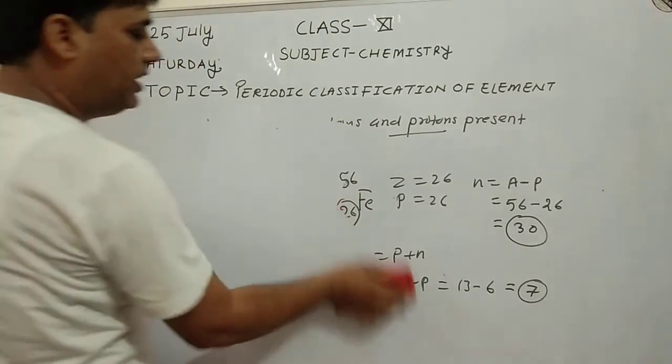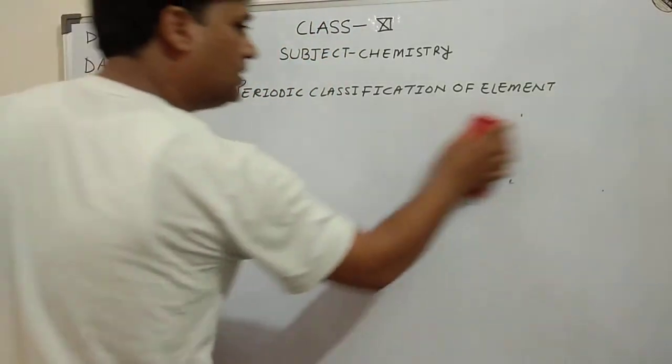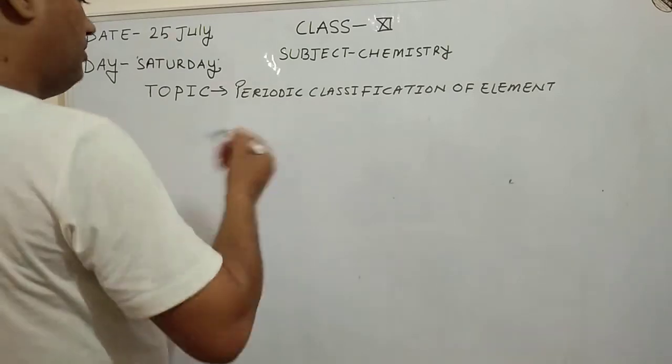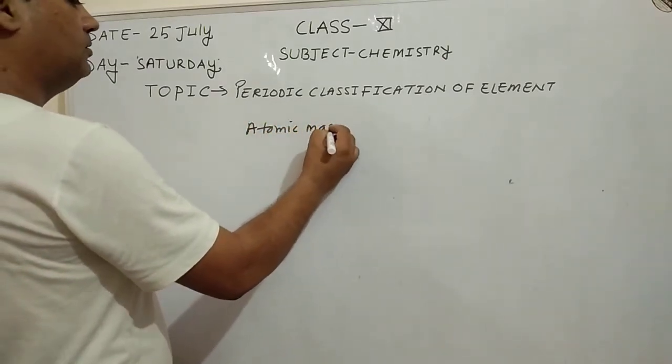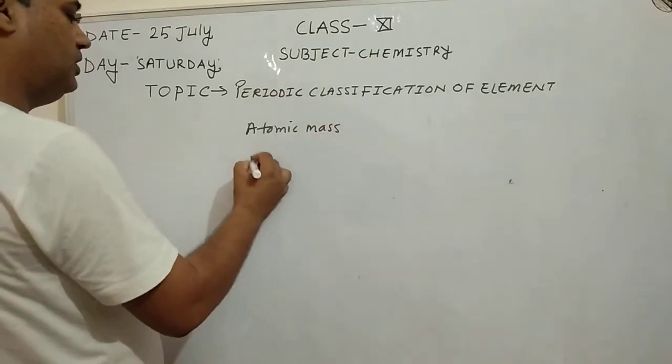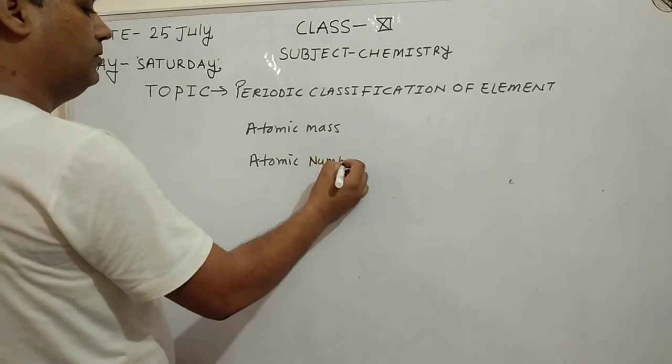So atomic number and mass number are very important, because some of the classification is based on atomic mass and some of the classification is based on atomic number.